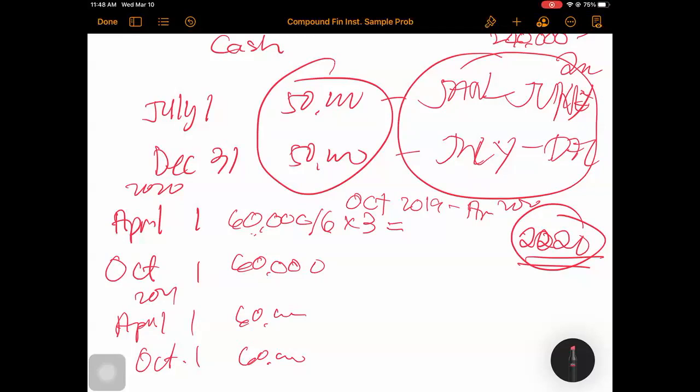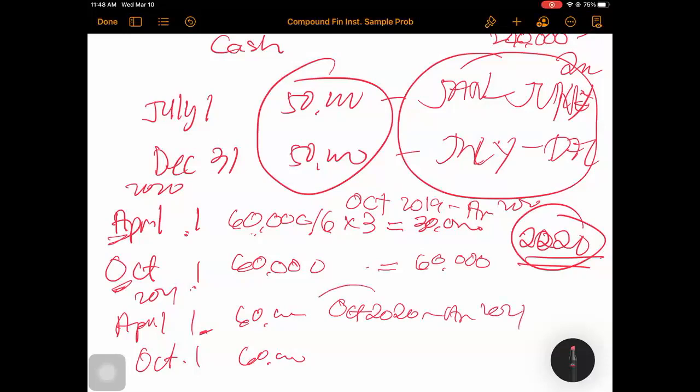Then your October 1 payment covers April 1 to October 1, 6 months, so you take all 60,000 because it is covered in 2020. Your next April 1 payment covers October 2020 to April 1, 2021.